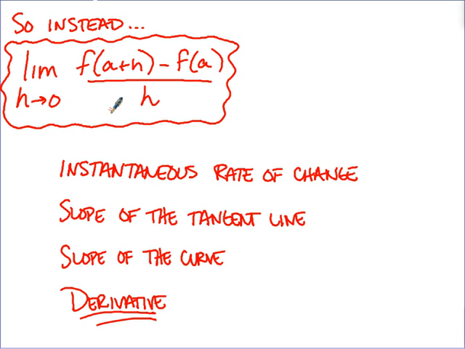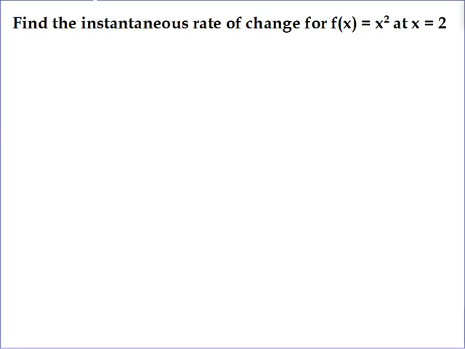So here's our first problem. Find the instantaneous rate of change for f of x equals x squared at x equals 2. They always have to give you a place where they want the slope, because the slope is going to be different all over this curve. It's changing. We talked about that already in class on Wednesday.